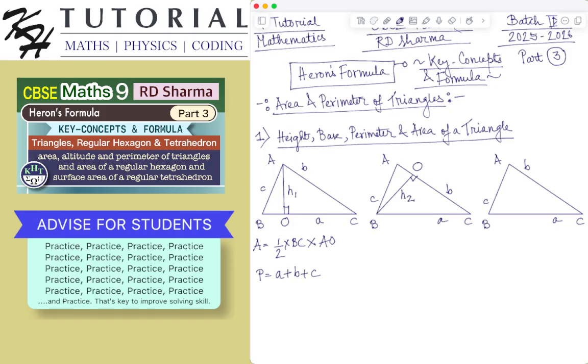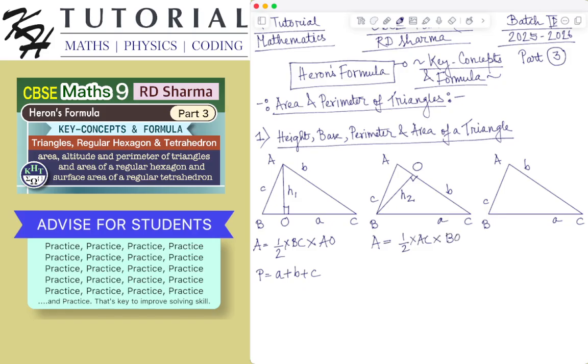Remember that in general the three altitudes, since we have three bases, that is three sides, we have three altitudes. The three altitudes will be different in general. Okay, so considering AC as the base and BO as the altitude, the area of the triangle will be half into AC into BO.